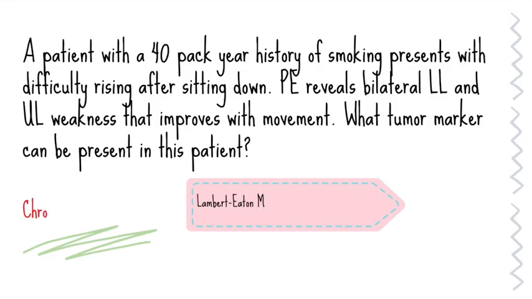Chromogranin A. If you remember, this is describing Lambert-Eaton syndrome because the symptoms of weakness are improving with movement. That is most commonly due to small cell lung cancer, a neuroendocrine tumor associated with neuroendocrine markers such as chromogranin A, synaptophysin, and CD56.